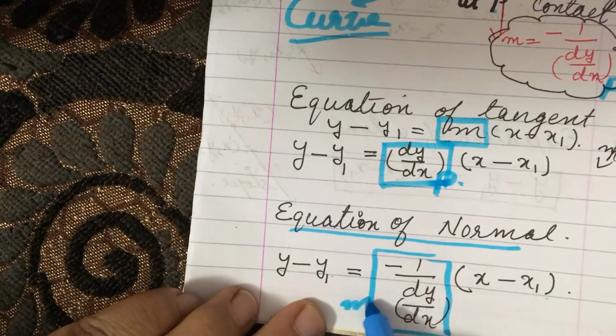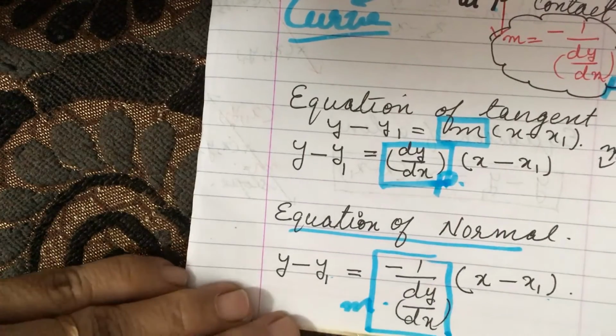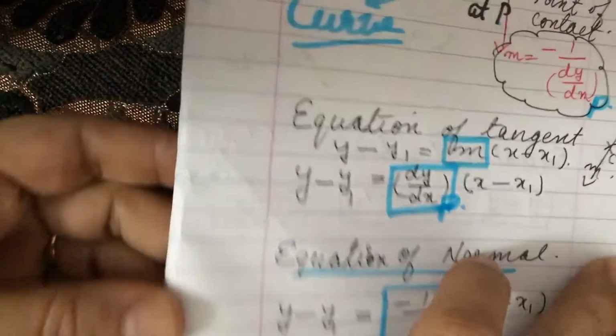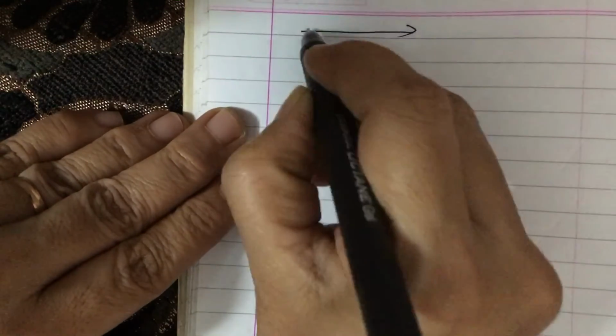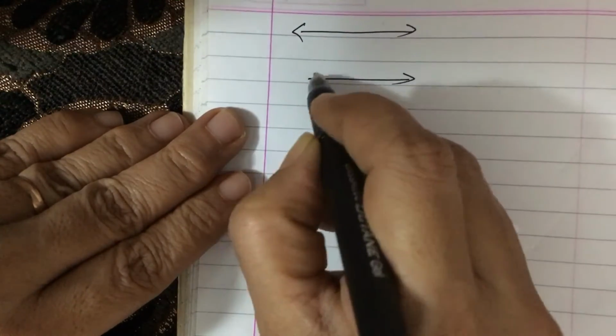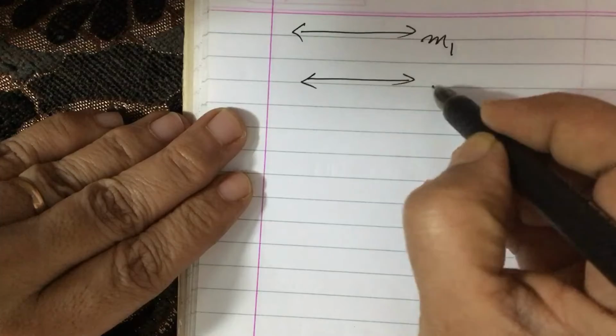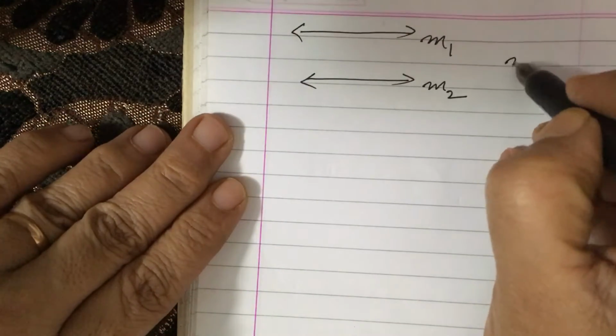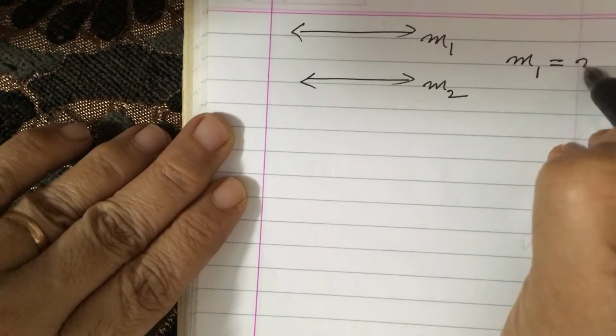In case of the normal, the slope becomes minus 1 by dy by dx. And some more concept you should know is, if two lines are parallel, their slopes are equal. m1 and m2 are the slopes, and if they are parallel, m1 equals m2.